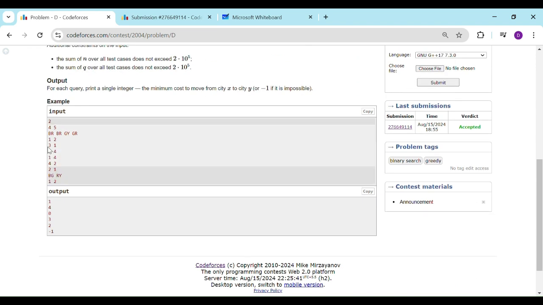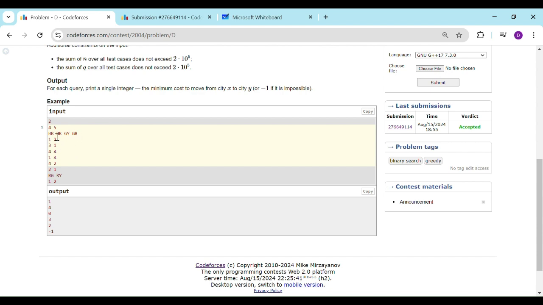Now if you look at this case, when you want to move from GY to BR, then you cannot move directly from GY to BR because there is not one color that is matching. But if you move from GY to GR, that is possible because GG is the same.